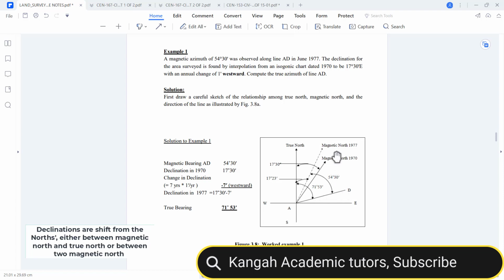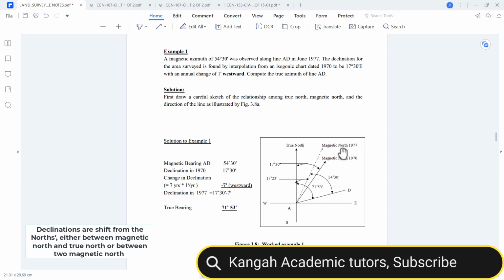Now you have to consider that they are saying there is an annual change, meaning that every year there's an increment of 1 minute in the declination. So you have to know the number of years between these years. You're having the years 1977 and 1970.